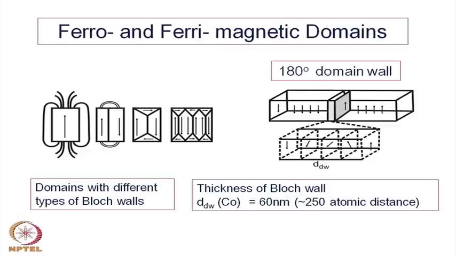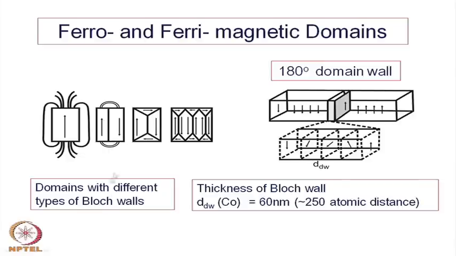So, there is a 180-degree rotation, and there are some lines of force outside this solid, outside the sample, but the number of lines of force has certainly reduced because part of it has been neutralized. So, this is what we call a domain wall. This is a boundary between the two domains, and that is called the domain wall, also known as the block walls.